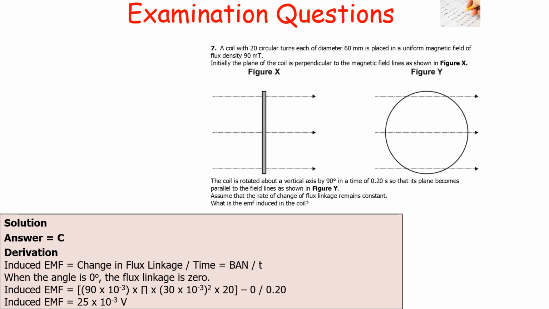We then multiply it by pi r squared, because it's a circle, so it's going to have a circular cross-sectional area, so we know what the radius is. It's going to be 60 millimeters halved, so it's going to be 30 times 10 to the minus 3 squared, times our value of number of turns, which is 20 as given in the question, and then we can divide that by our time to get our induced EMF, and we get that to be 25 times 10 to the minus 3 volts.